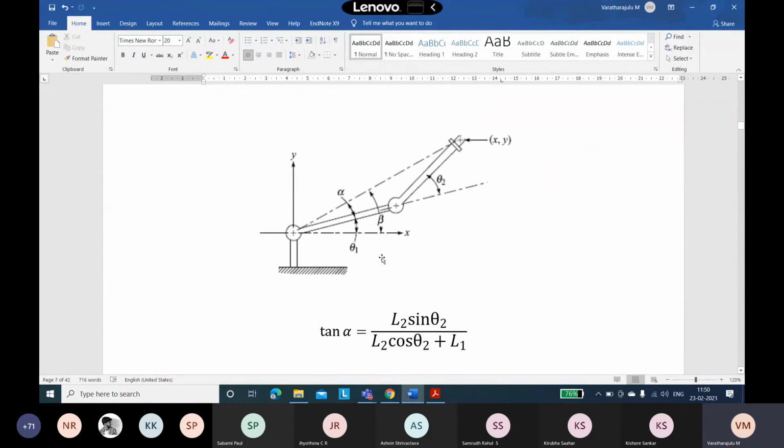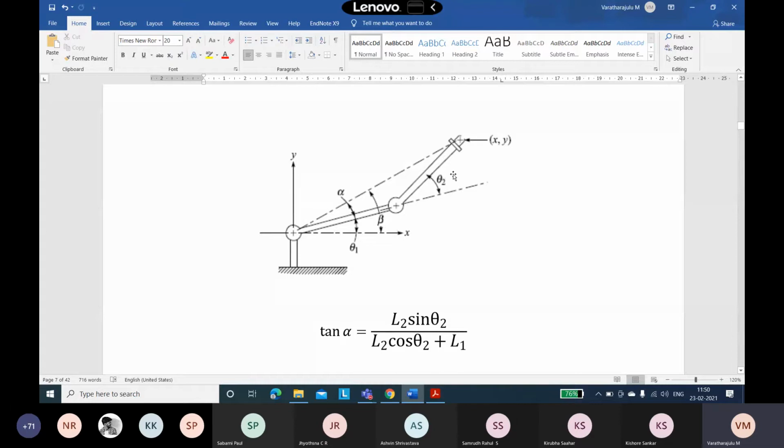Yes, see here, we introduced some other typical symbols. This is theta 1, and this inclination might be alpha, and the addition of theta 1 and alpha is beta.